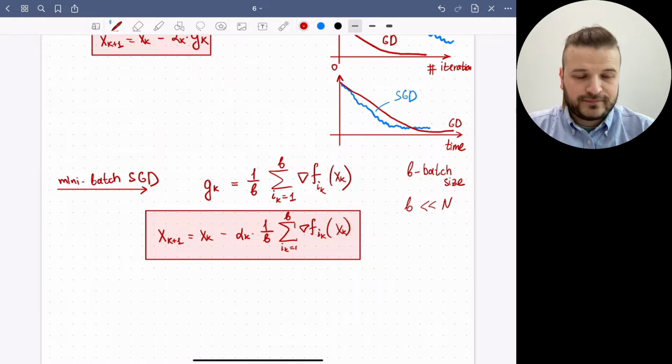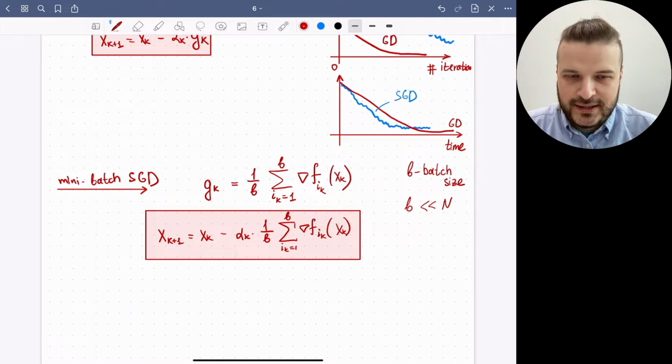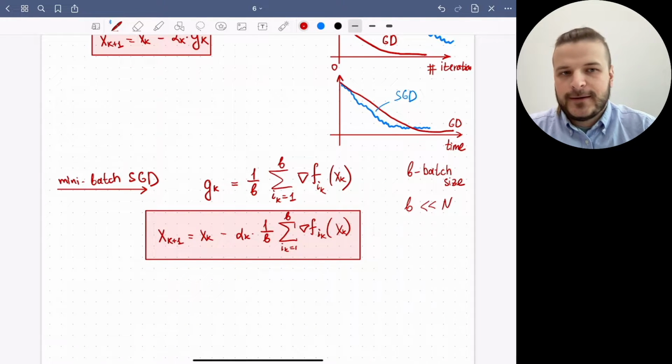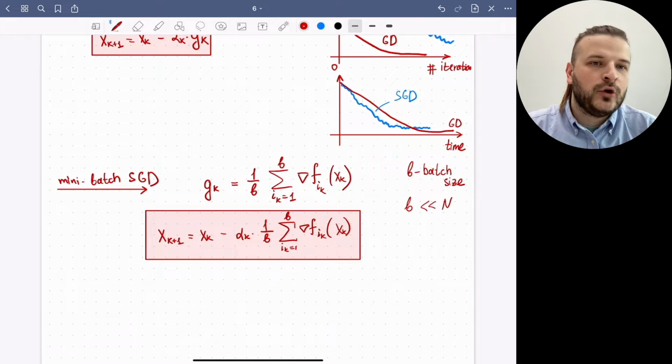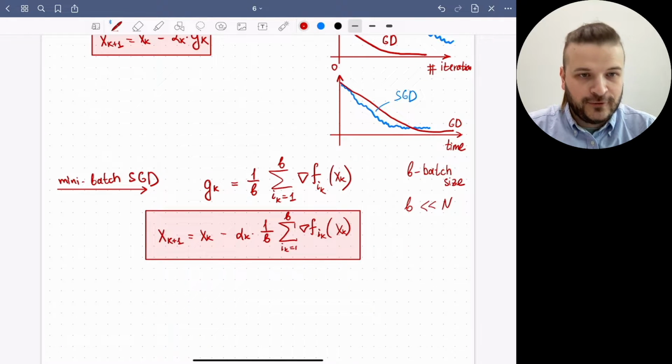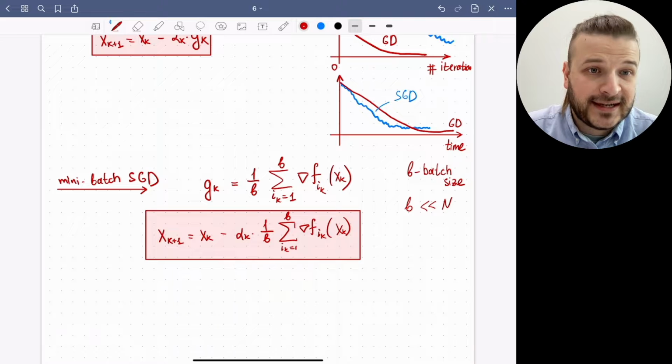And actually, obviously, we'll receive an acceleration of n over b times for the calculation of the stochastic gradient here.